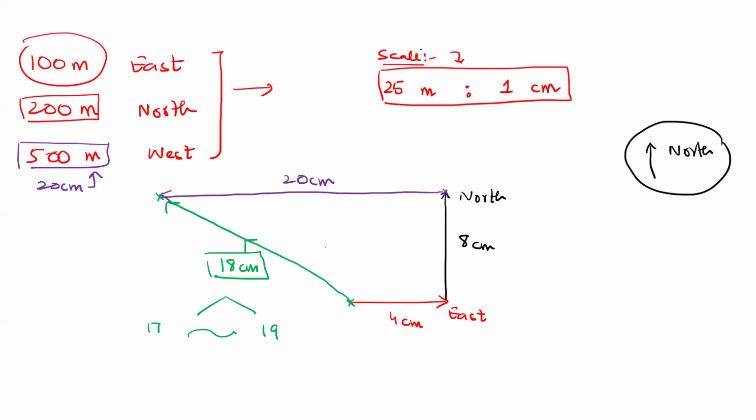A different scale would mean a different length here, but the answer would still be the same. If I'm having 18 centimeters here, since my scale was 1 is to 25, if I multiply it with 25, my answer would be 450 meters, because I have to multiply it with 25 based on this scale.